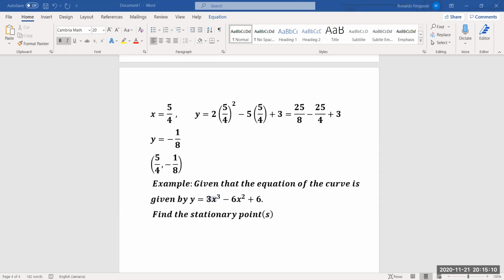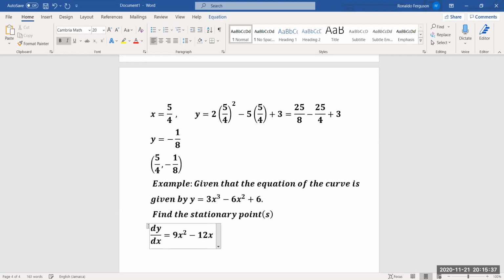dy over dx equals 9x squared minus 12x. You were breaking up, go again. dy by dx is 9x squared minus 12x.